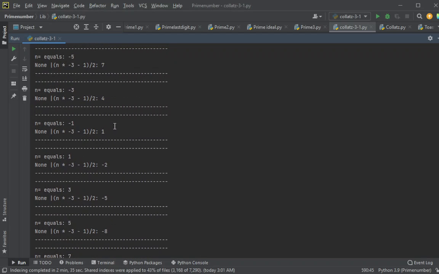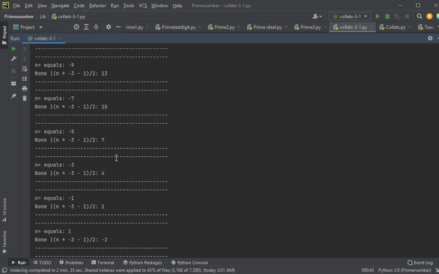And if it holds true like people think it does, then everything collapses not into the 4-2-1 loop, but into negative 4, negative 2, negative 1, positive 2, positive 1, and then negative 4, negative 2, negative 1, positive 2, 1.